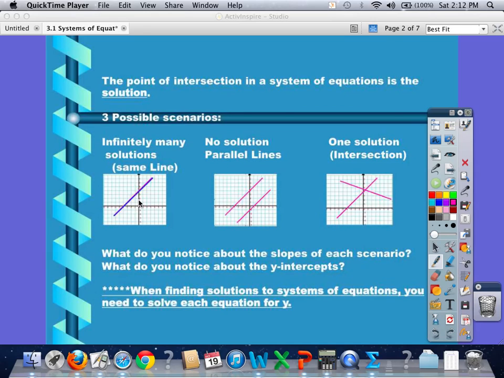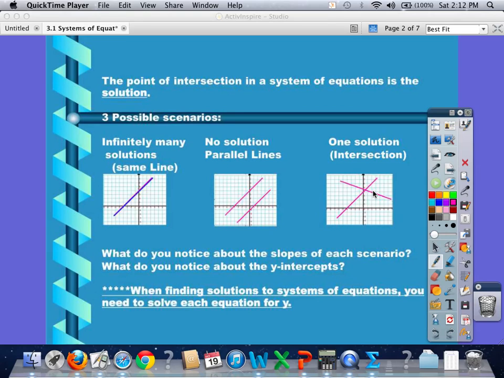Over here with the infinitely many, they had the same y-intercepts because it's the same line. Over here, they had different y-intercepts, but they had the same slope. And here, they could have similar y-intercepts depending on where it crosses. If it crossed right there, it would have the same y-intercept, but if it's moved over to the side, it won't.